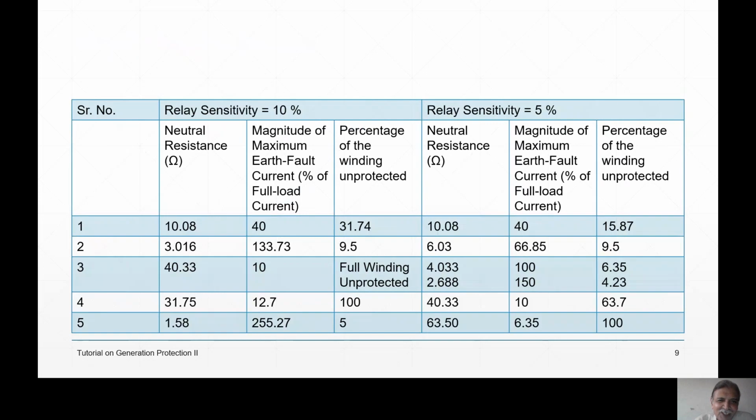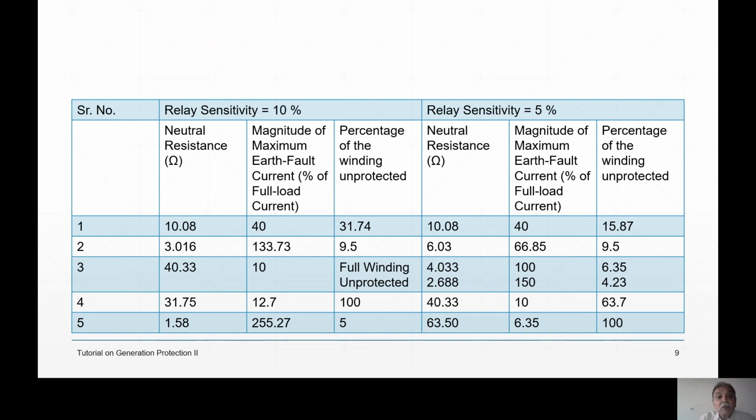So that vicious circle is very clear in this table. If I keep relay sensitivity 10%, with which we have started, 10.08 is the neutral resistance. 40% magnitude earth fault current, not harmful. But then quite a lot of winding is unprotected. If I want only 9.5% winding to be unprotected, then I have to do it at the cost of more earth fault current.